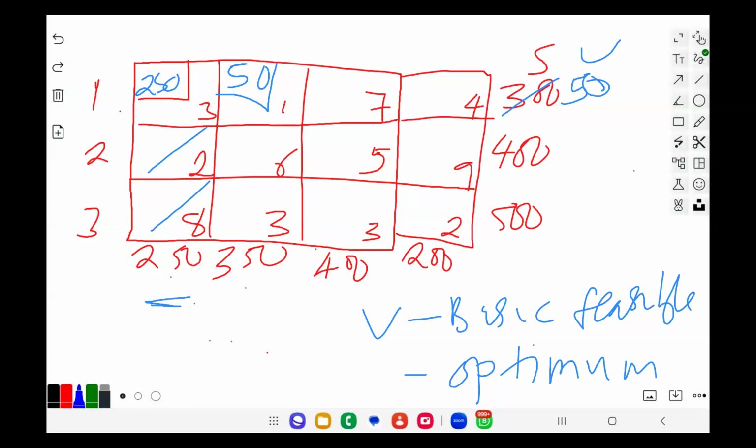When you put 50 there, down here will remain with 250. Are we not supposed to remain with 300? Yes, we should remain with 300. Thank you for that. We are remaining with 300.